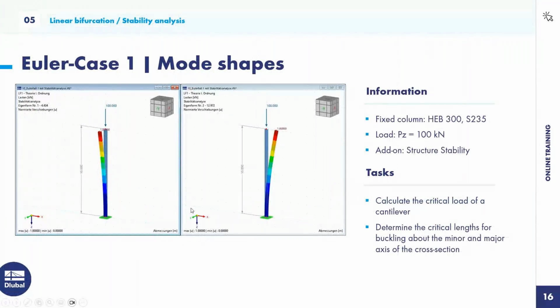And this is also known in engineering as Euler case number 1. So Leonhard Euler dealt with such instabilities of members that are loaded in compression already in the 18th century, and he provided analytical solutions for such problems that we are still investigating 250 years later.